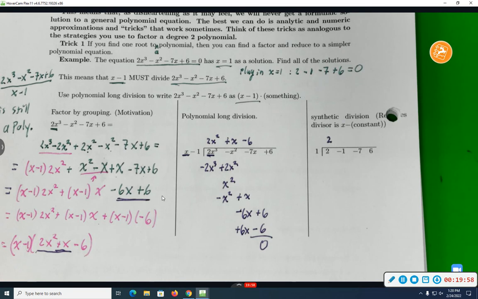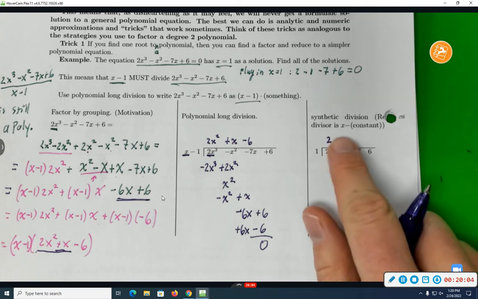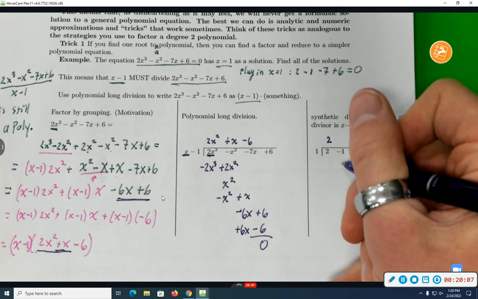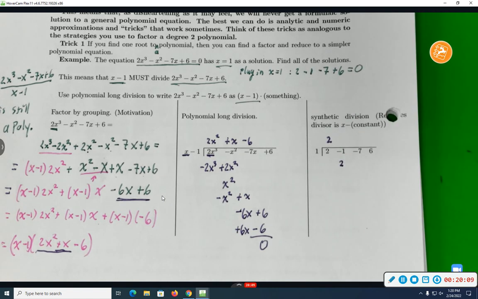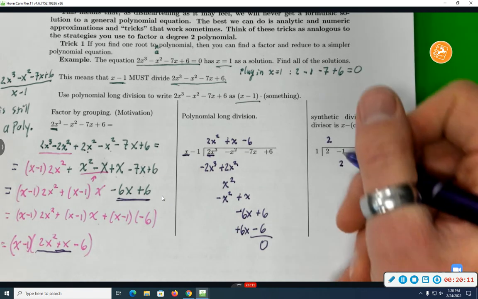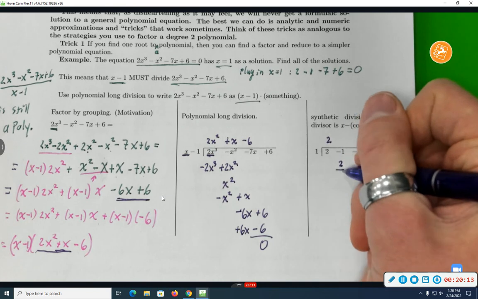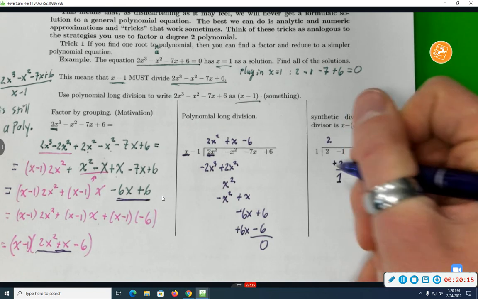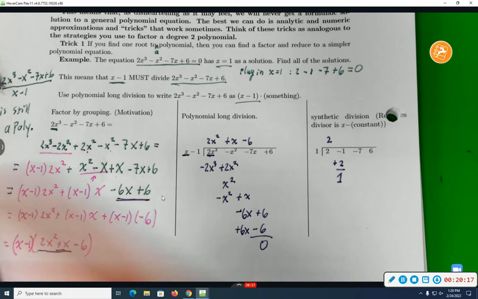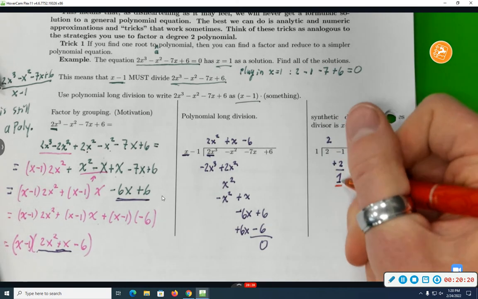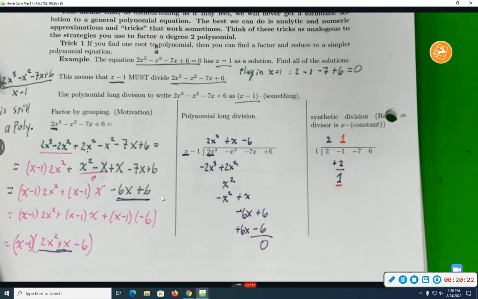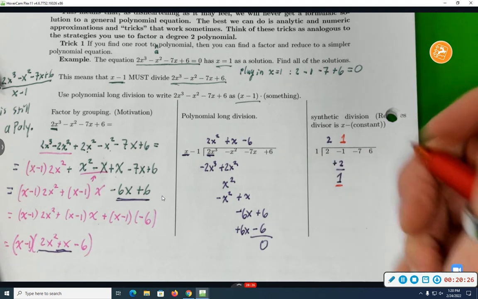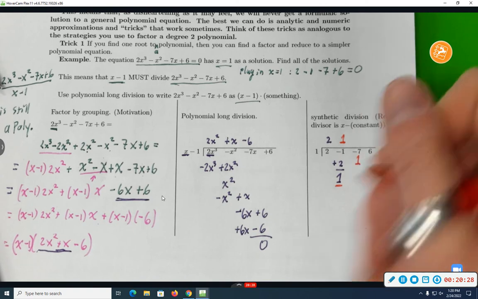And it's not going to feel motivated at all what I'm about to do. We'll get the right answer, and then we'll talk about why we got the right answer. I'll take that 2, I'll multiply it by the 1, I'll write that underneath that -1 in the next column. I'll add these 2 together, and I get 1. I'll take that 1, and I'll put it here. 1 times 1 is 1, so I'll draw a 1 in this next column.